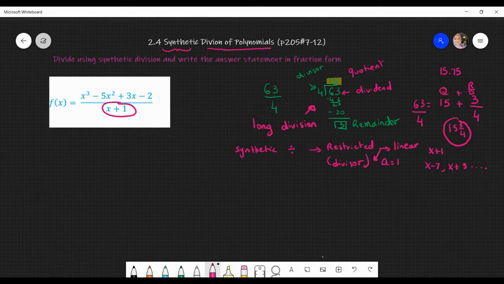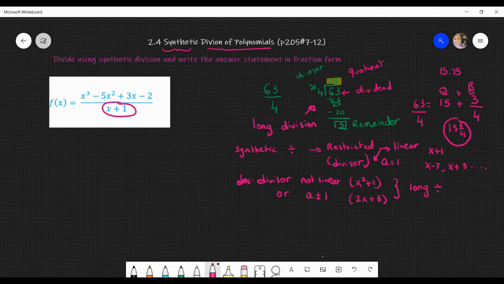Again, for a divisor that is not linear, for example x squared plus 1, or a divisor that has a different than 1, for example 2x plus 3, I must use long division.